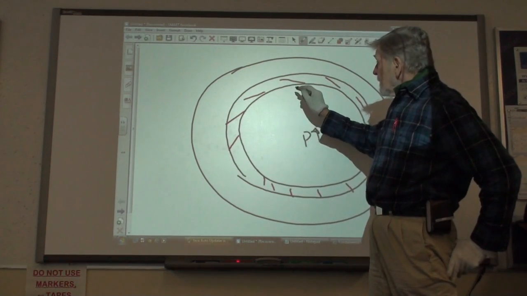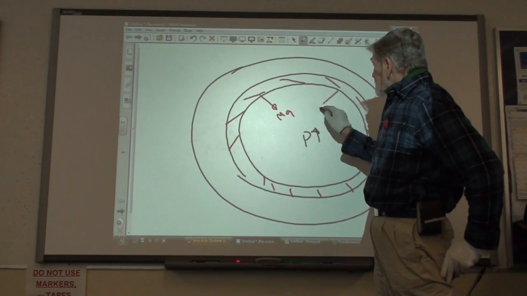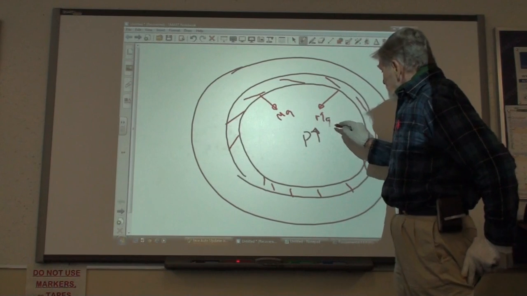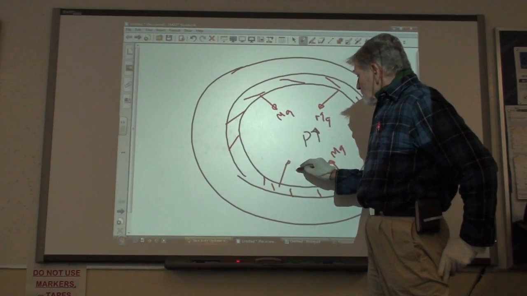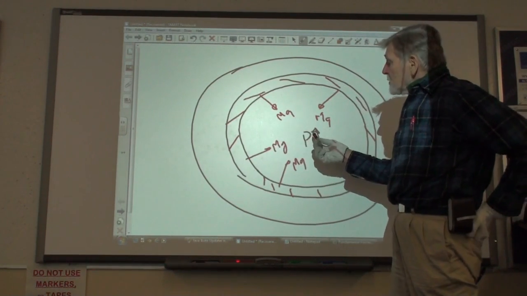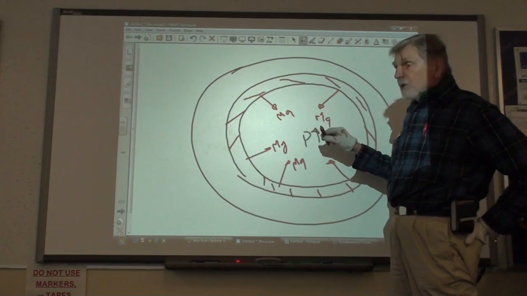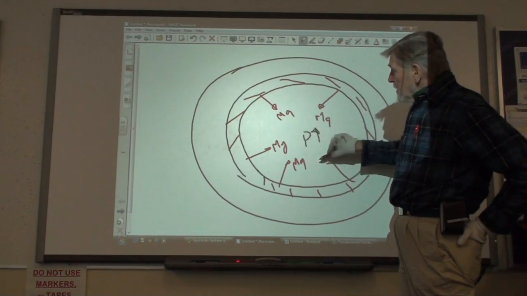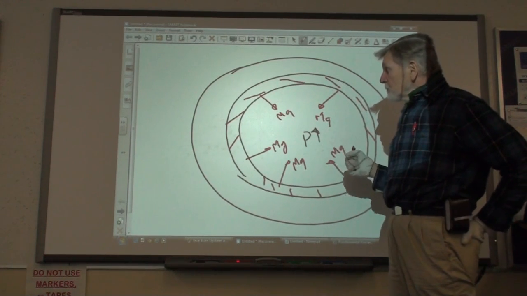Therefore, it will be pulled into the star because of its mass. The mass interior to it in the star is pulling it in, trying to make it go all the way to the center, because mass attracts mass. The mass interior to this shell is trying to contract it down to a point.